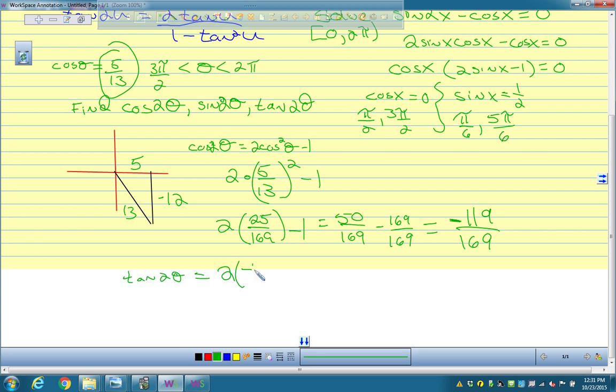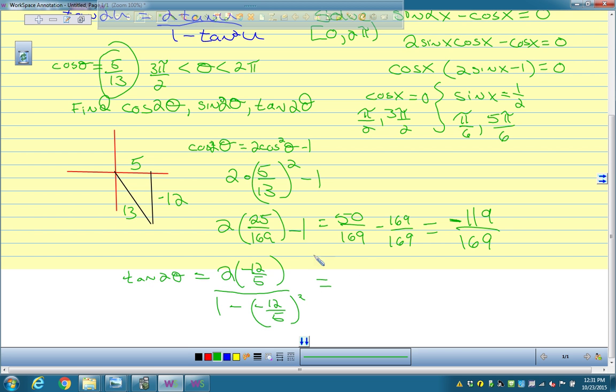And the hardest part with this for people is they don't like fractions, right? So it's 1 minus negative 12 over 5 squared, right?